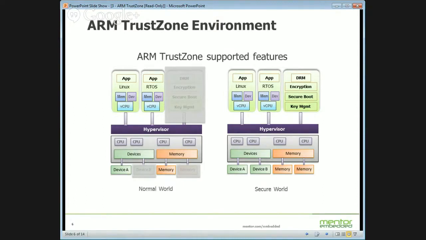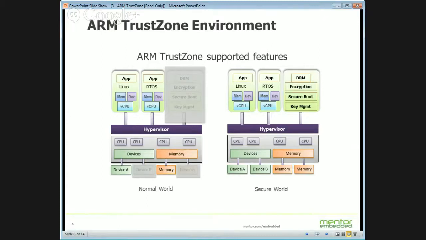There are certain devices or memories that are hidden and not mapped, so Linux cannot touch that device B or that chunk of memory where the keys are hidden. Now, if you transition your chip into the secure world on the right side of my slide, then the DRM algorithm, encryption, and secure boot key management can see everything. All of the devices are visible, and they have access to all of the memories and all of the peripherals.